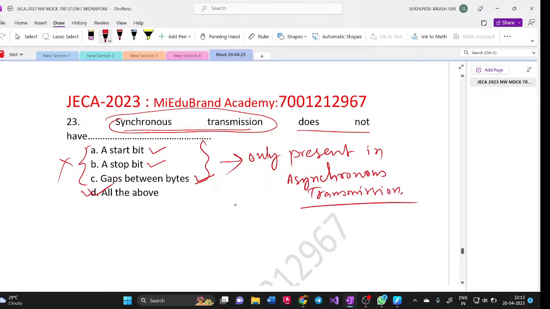Clear to all? In synchronous we do not need them. So the right answer is option D.